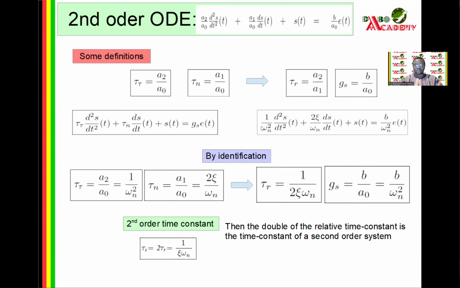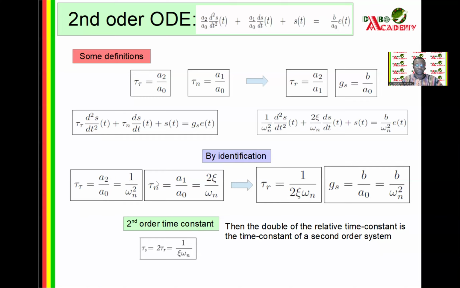Most of the time in control systems, people write second order systems like this one, or sometimes they just multiply by omega n square everywhere. But in order to fit with this expression and to do the identification of parameters in front of the others, we have this expression, and then we have tau tau equal to A2 over A0, which is also equal to 1 over omega n square.